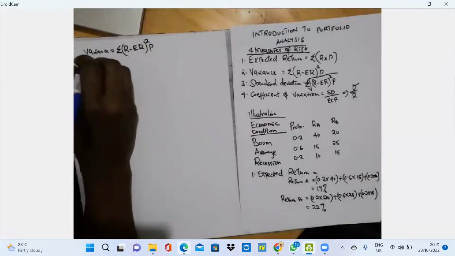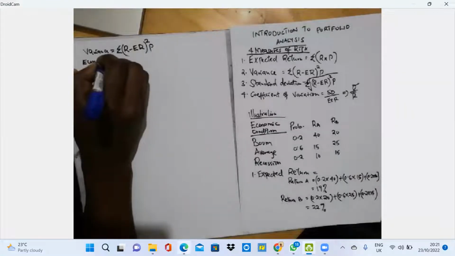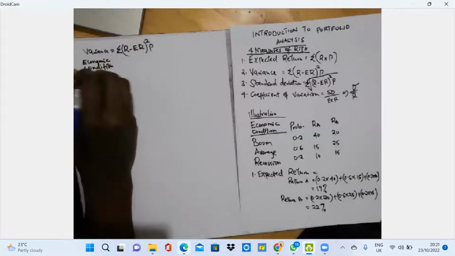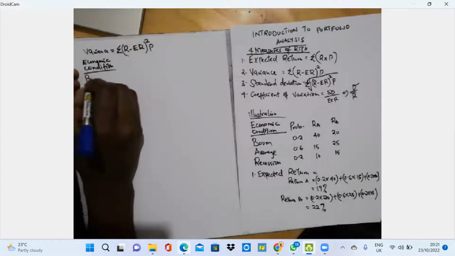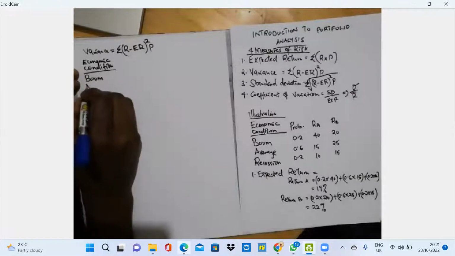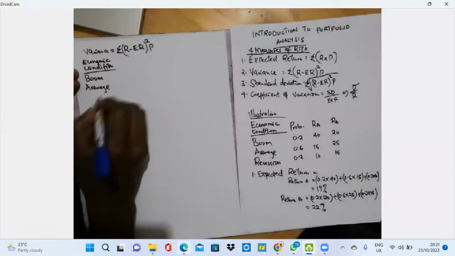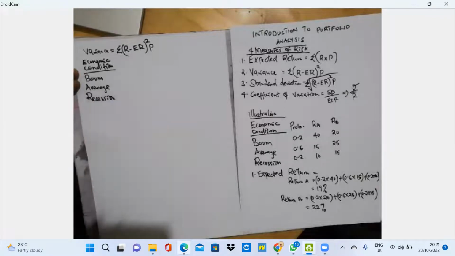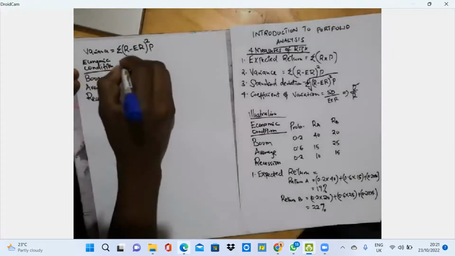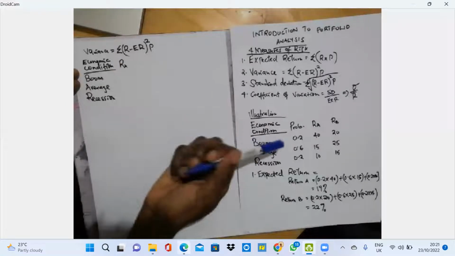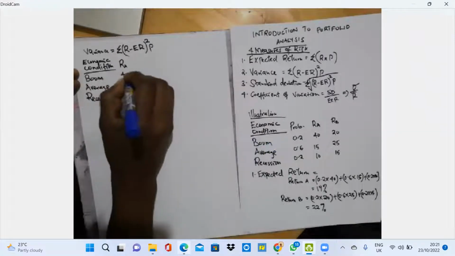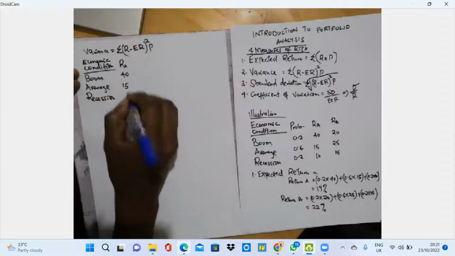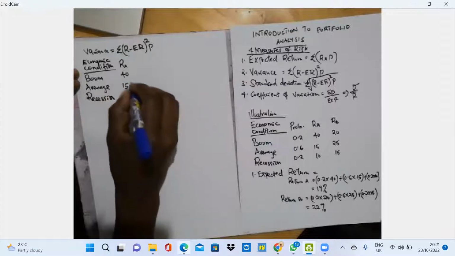So we have our economic condition here. We have boom, average, and recession. Return of A, we have 40, 15, and 10.